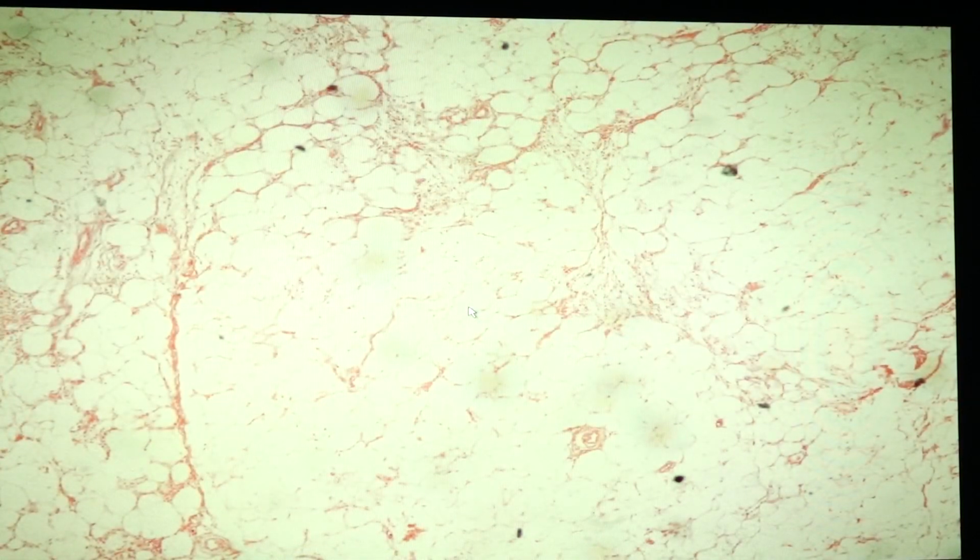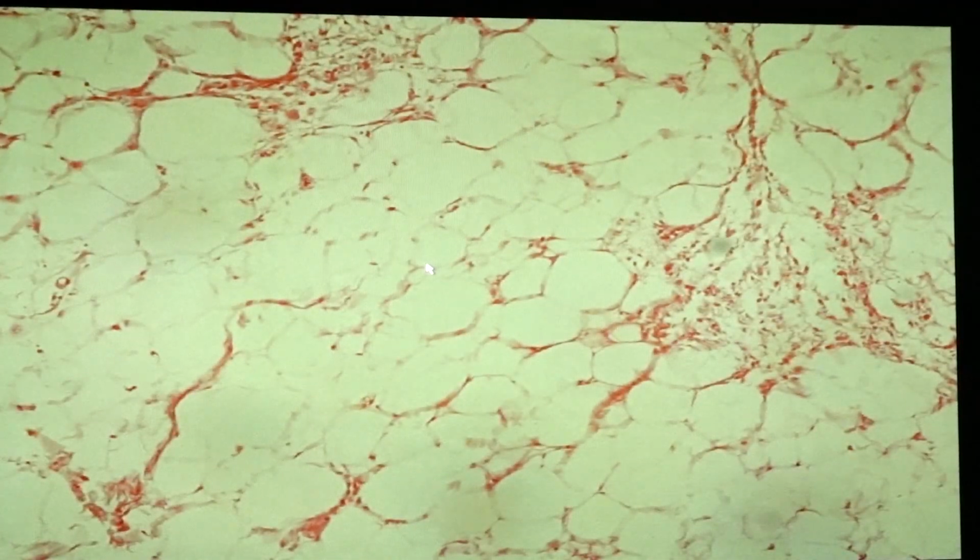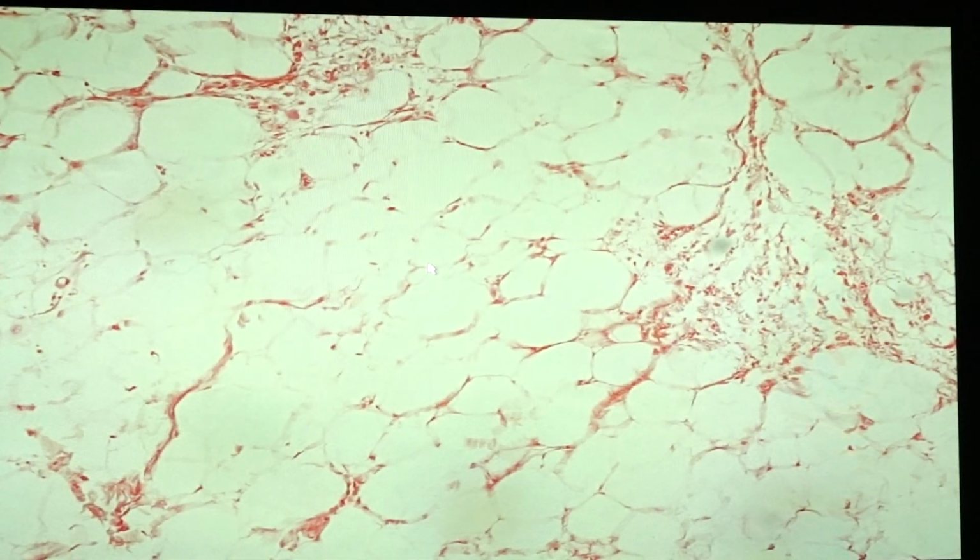Next, we have liposarcoma. Liposarcoma is a malignant tumor derived from fats. The first thing that I have to show to you would be this cluster. These are benign or normal adipose tissues or adipocytes. Always try to see the presence of the margin.